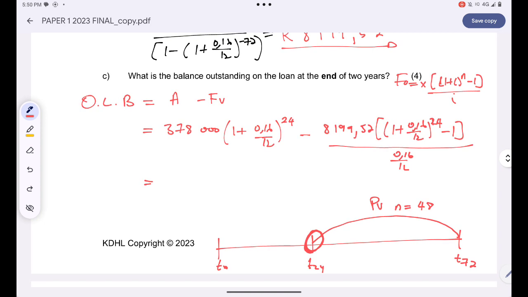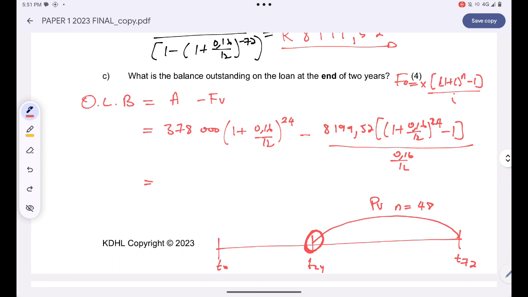Okay, let me just punch my calculator. I have 378,000 multiplied by 1 plus 0.16 all over 12, all raised to the power 24, minus 8199.52 times 1 plus 0.16 over 12 to the power 24 minus 1, all over 0.16 divided by 12.